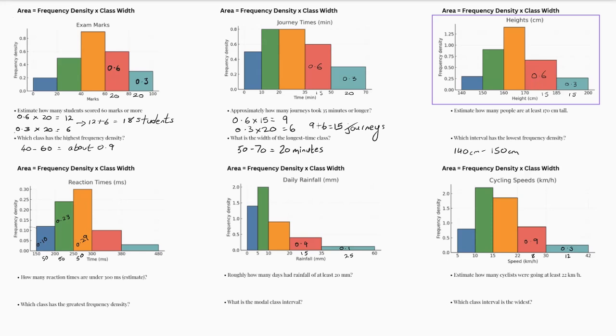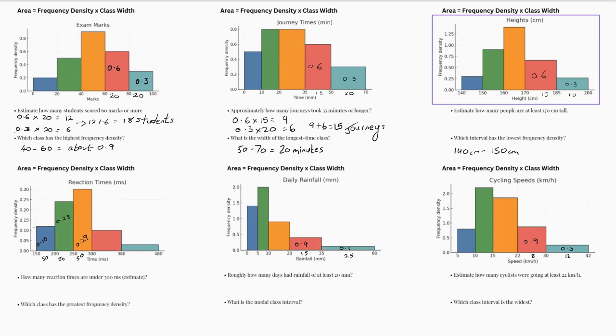And then we have 50 to 70, which is a class width of 20. Density, 0.6, 0.3. We're going to do exactly the same thing. So 0.6 times 15 equals 9. 0.3 times 20 equals 6. Add them up and we have 15 journeys were taken.